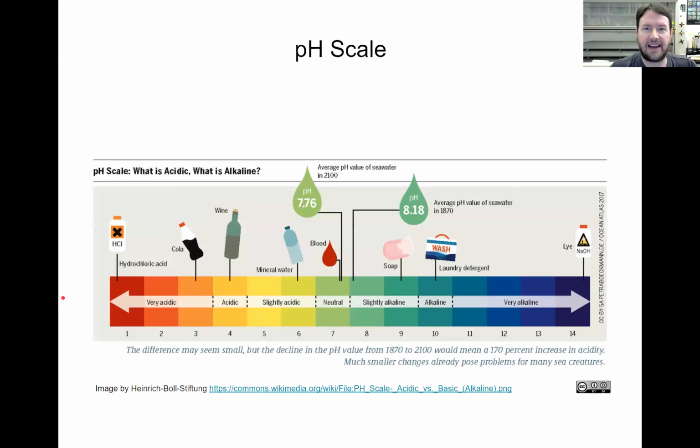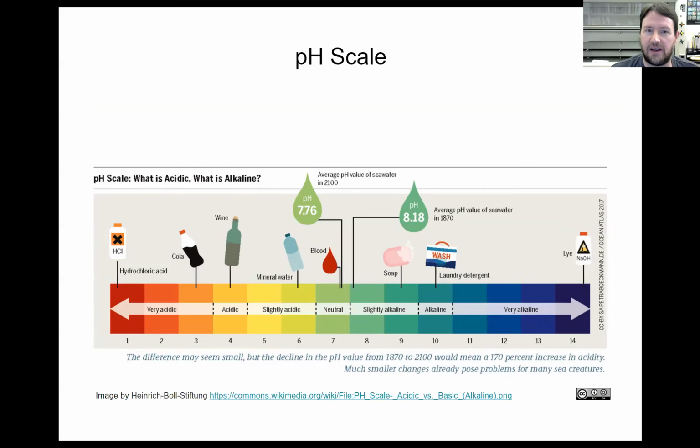All right, the last really interesting property of water is that it can split apart and form these ions called either hydroxide or hydrogen ions. Let's see, I'm going to draw this. So we can have H2O, which can split apart and reform.